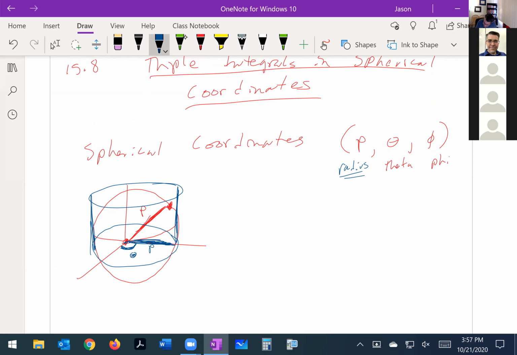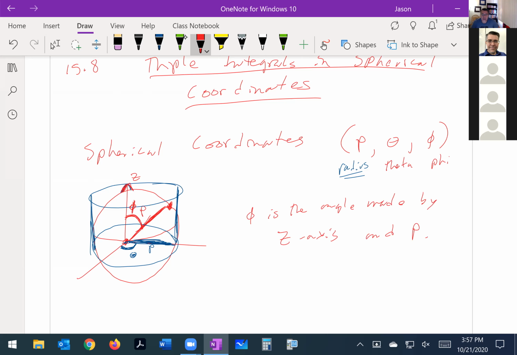Phi is the angle that's made here, between rho or P and the z-axis. So phi is the angle made by the z-axis and P.